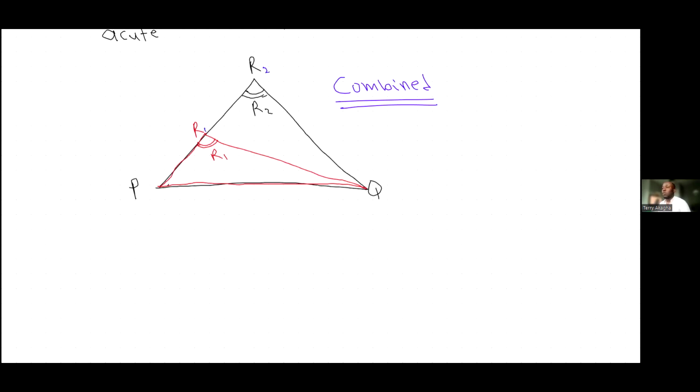So the two possible triangles you can get here are PQR1 or PQR2.